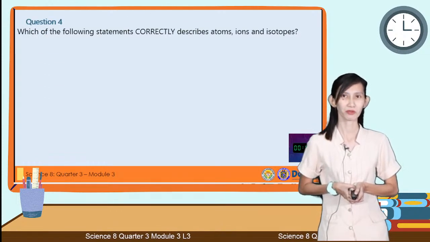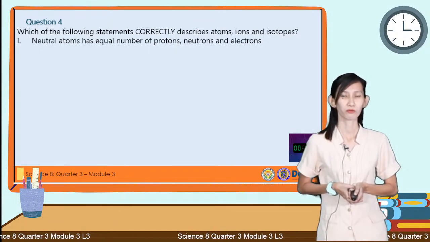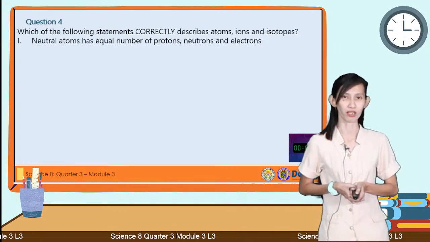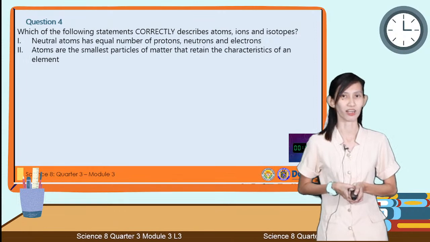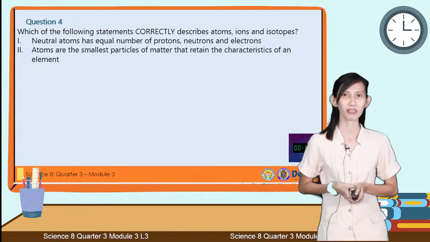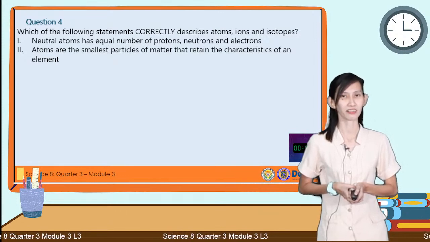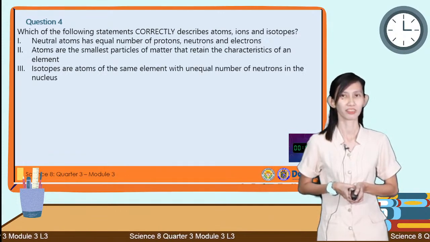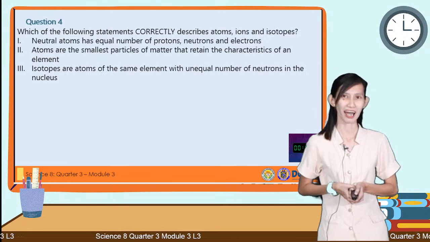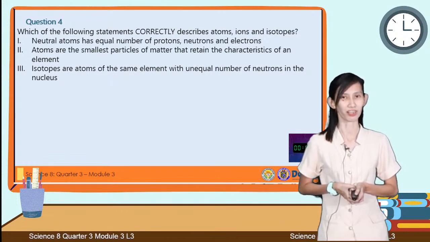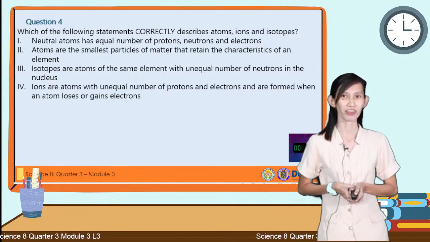Question number 4. Which of the following statements correctly describes atoms, ions, and isotopes? 1. Neutral atoms have an equal number of protons, neutrons, and electrons. 2. Atoms are the smallest particles of matter that retain the characteristics of an element. 3. Isotopes are atoms of the same element with an equal number of neutrons in the nucleus. 4.